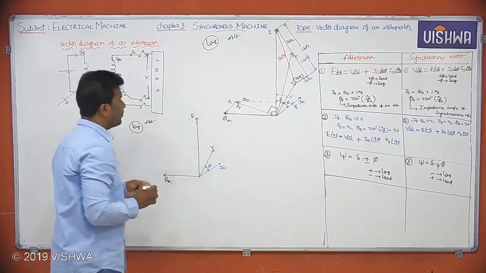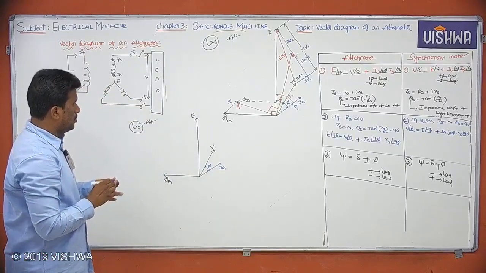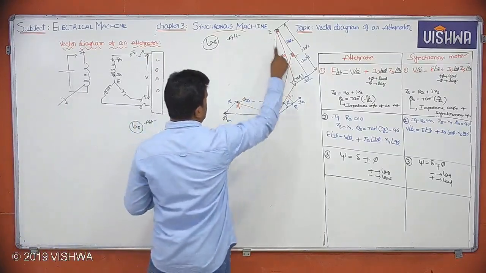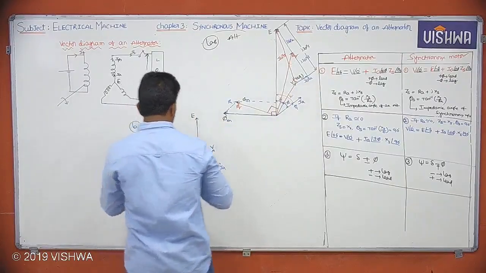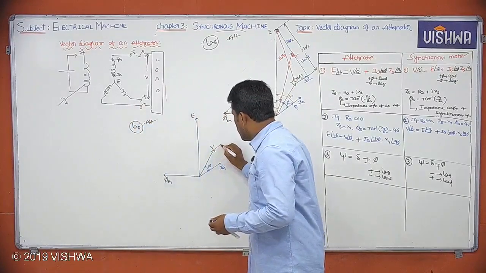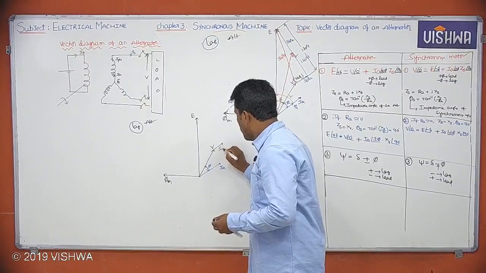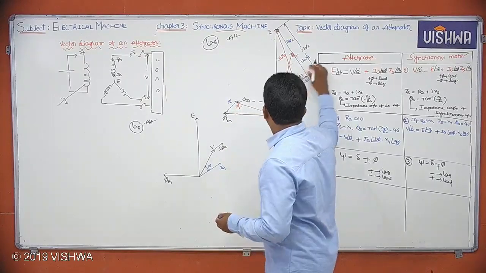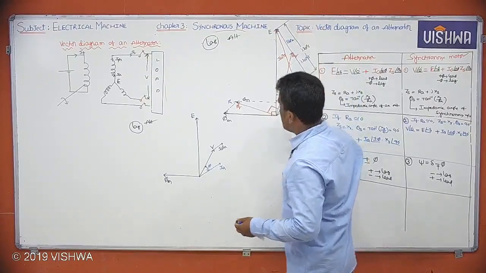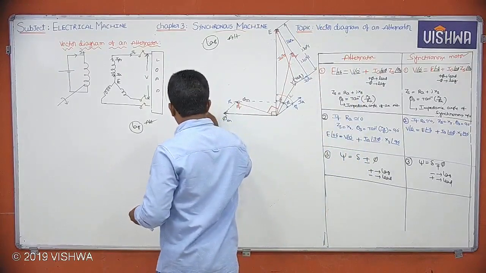Pi. Now just see, E equals V plus IA RA. So let me add IA RA, this one, IA RA drop, plus this total I'm saying. Total how much? J IA XS. J IA XS.